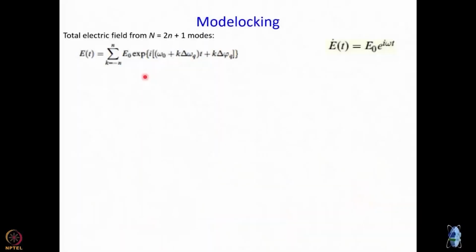Okay. So, now what I am saying is I have locked these modes together, and the number of modes that I am working with, capital N, is equal to 2n plus 1. So, I am working with an odd number of modes because the math becomes a little easier, as you will see in the next step. It does not matter.